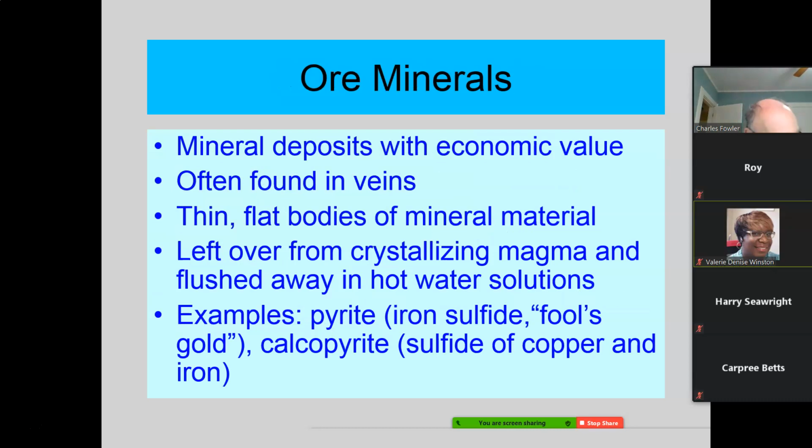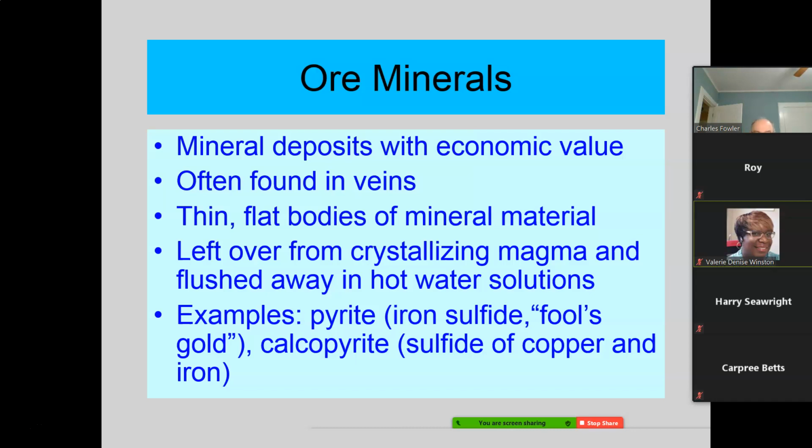Now, one last thing they talk about here, and again I can't find it specifically here, are your ore minerals. Remember, on the non-silicates these were what they call the element minerals. These are mineral deposits, usually with economic value.